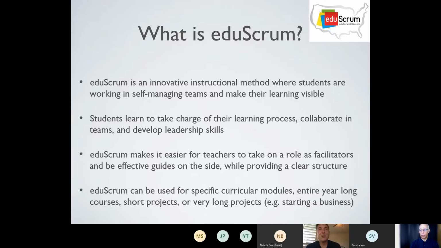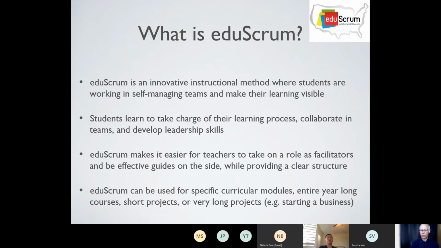It also makes it easier for faculty to become facilitators and guides on the side, but still have a clear structure, so they don't have too much of a loss of sense of control. They can know where we're at and we can support the students adequately.